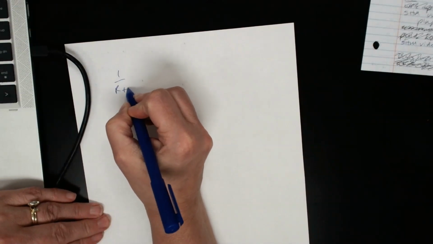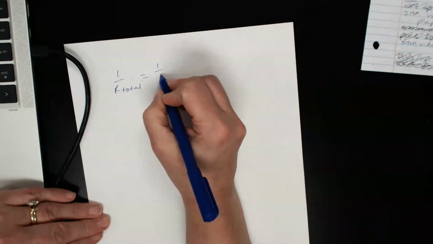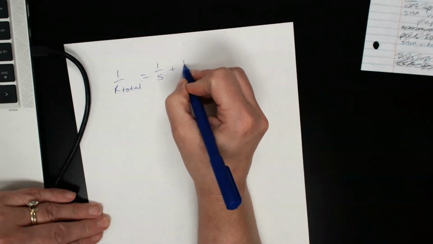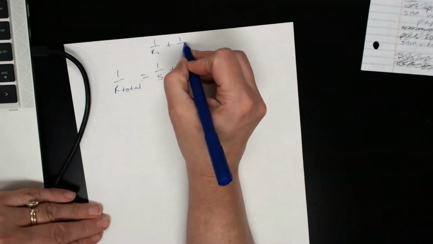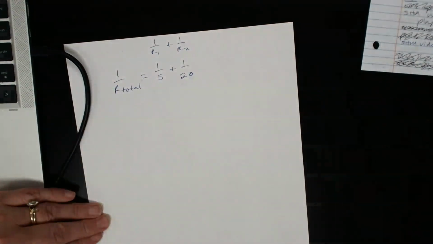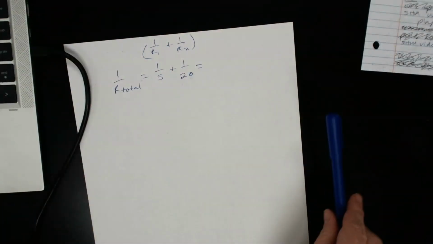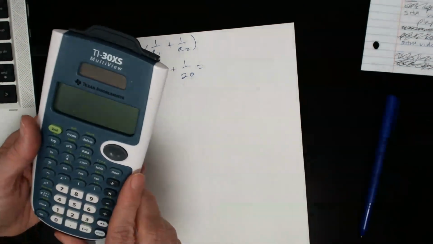So I'm going to do that for you here just so you can see it done. Our first resistor was 5, so I've got 1 over 5 plus 1 over 20. So remember, this is 1 over R1 plus 1 over R2. Like I said in class today, I don't really like fractions. I don't want to try and simplify those and leave them in fraction form.